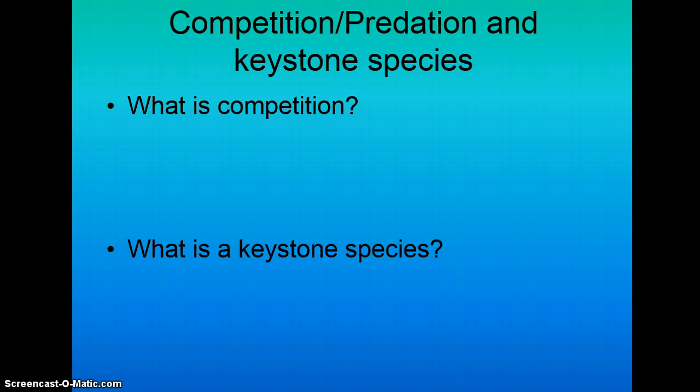Or it could be between species, two birds competing for the berries on a tree. Keystone species is a species that can cause dramatic changes in an ecosystem. Something happens to that organism, it's going to affect all other living creatures in that area. Keystone species.